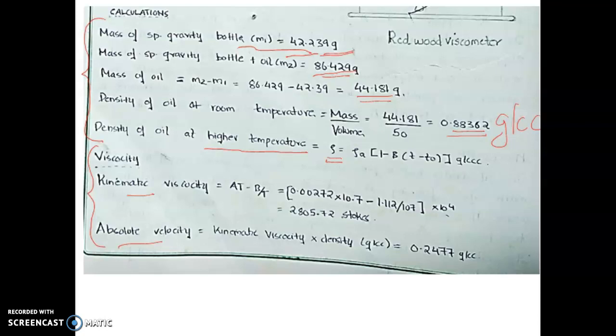That is given by this equation: rho is equal to rho A into 1 minus beta into T minus TA. Here rho A is the density of oil at room temperature, T is our experimental temperature, TA is the room temperature, and beta is the coefficient of cubical expansion, whose value is 0.0007 per Kelvin, Kelvin raised to minus 1.